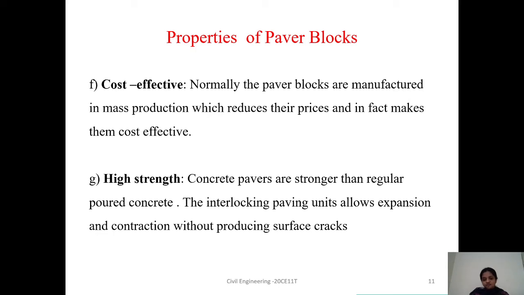And if you see, each unit of the block produces a joint, there will be a joint between the blocks, which helps for the small movement of the block. Therefore, if there is any expansion or contraction, it does not affect the block and there is no surface crack.